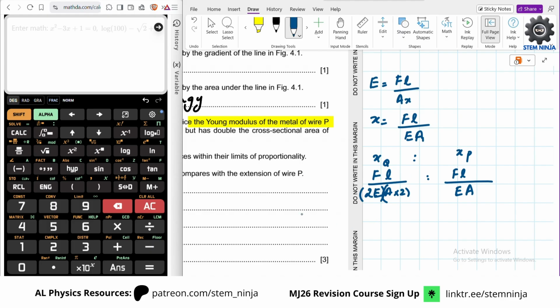So how does the length come into play? The volume is the same. We know volume is AL, so AL is equal to AL.